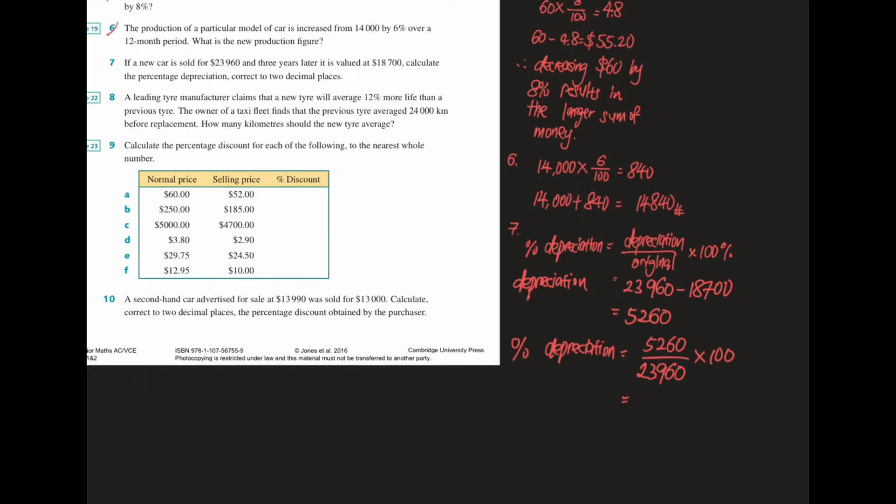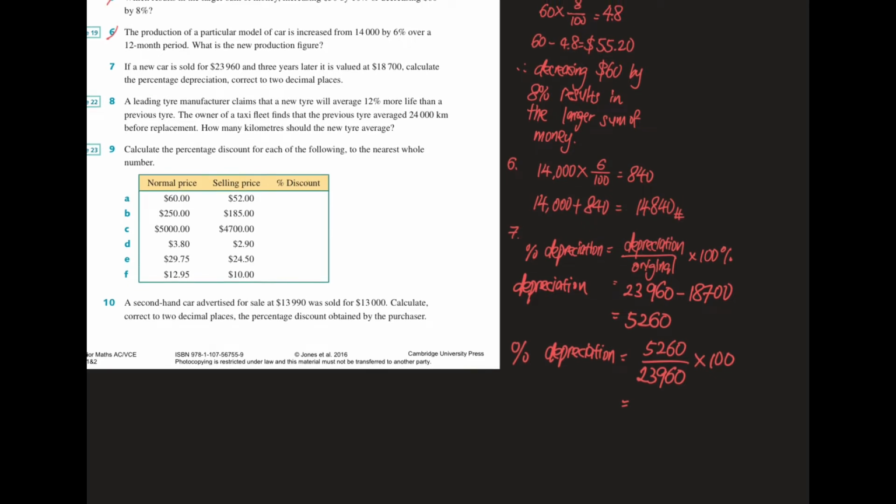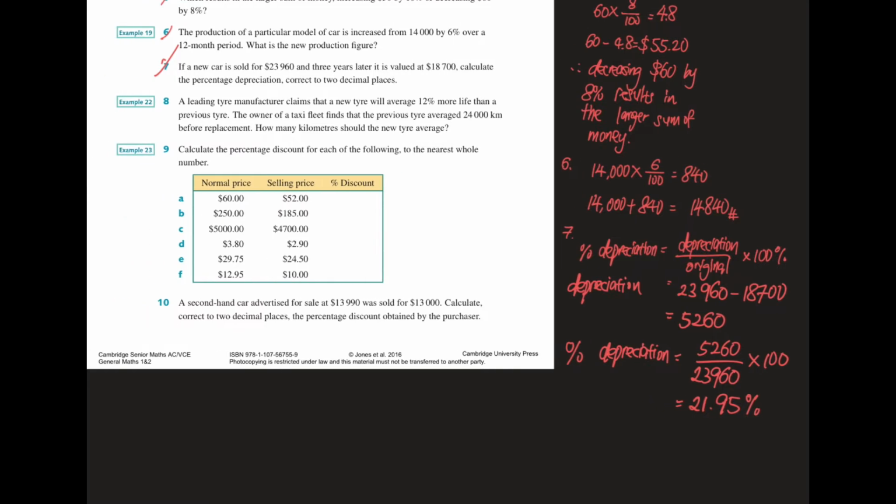We will get 21.95. They want 2 decimal places, so 21.95%. So that is question 7. Then question 8.